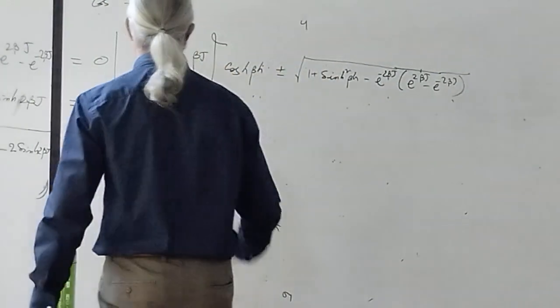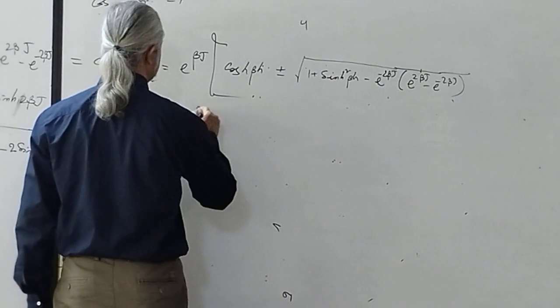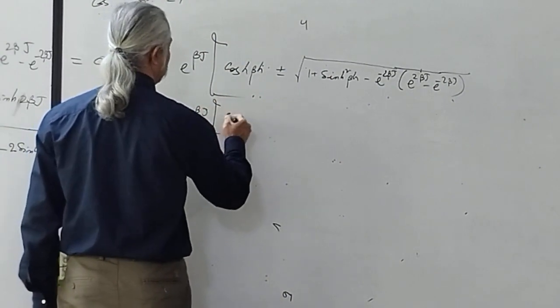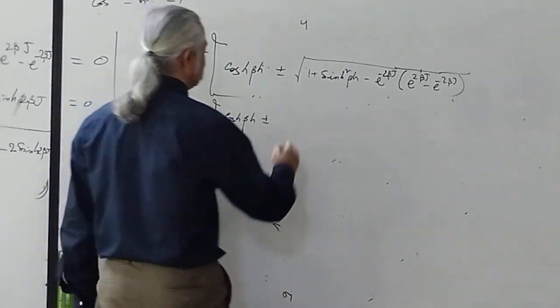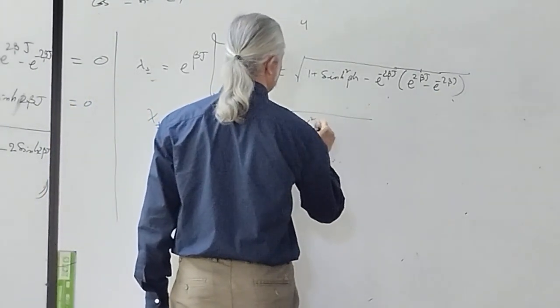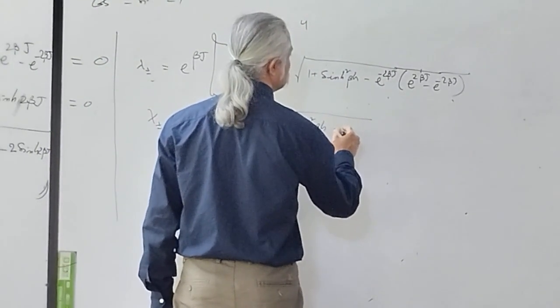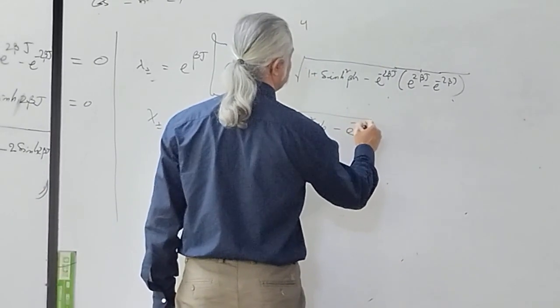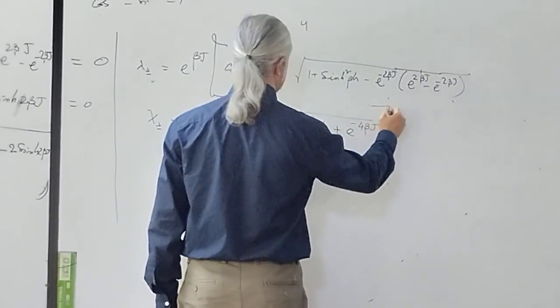ওকে ফাইন, তাহলে lambda plus minus equal to e to the power beta j cosh beta h plus minus square root of sinh square beta h plus e to the power minus 4 beta j.